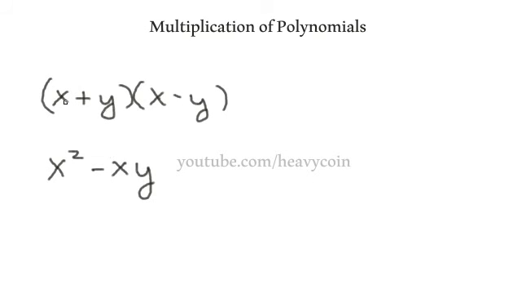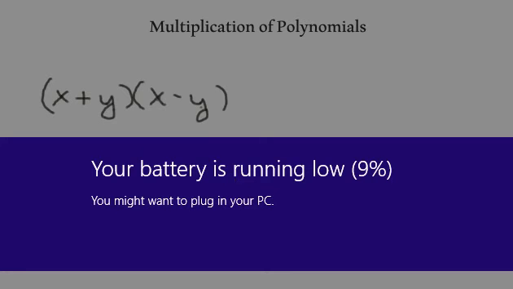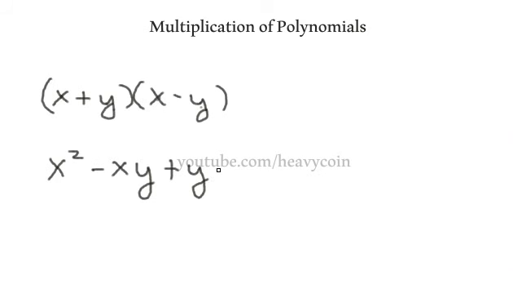Okay, so you do this first term and then just go through both of these and then go to the next one and then multiply it by both of them. So y times x and let's see, y times negative y, so that's minus y squared.